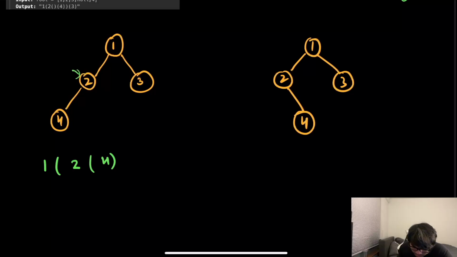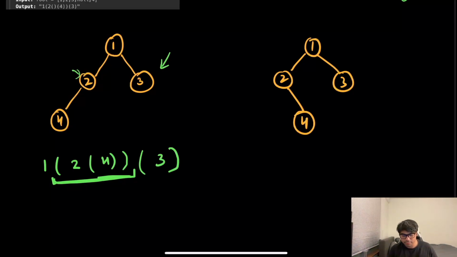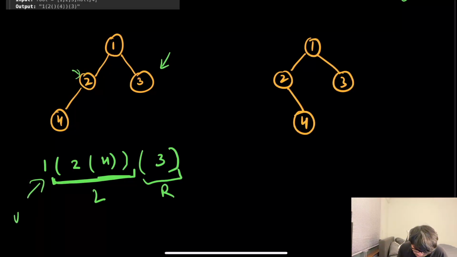That's what we learned in the conditions. Then we close our left subtree, since we are done processing it, and then we process the right subtree, in parentheses. This is left, this is right, and this was root. So that should be our answer for the first example.